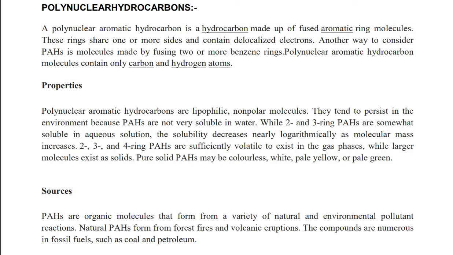These rings share one or more sides and contain delocalized electrons. Another way to consider polynuclear hydrocarbons, in short PAHs, is molecules made by fusing two or more benzene rings. Polynuclear aromatic hydrocarbon molecules contain only carbon and hydrogen atoms.